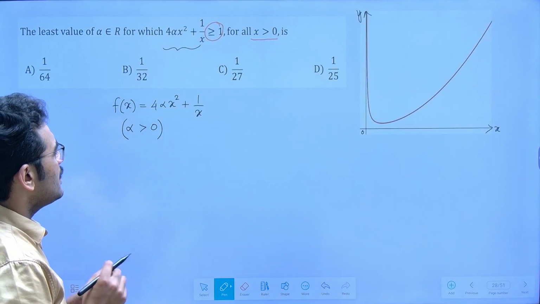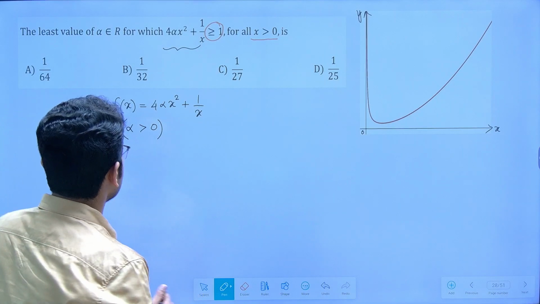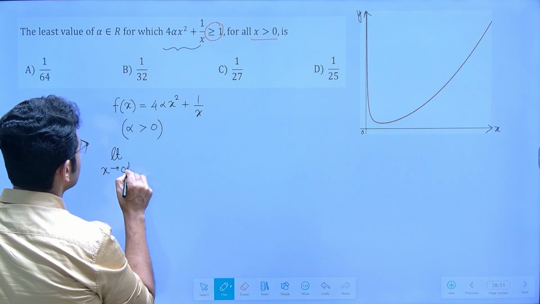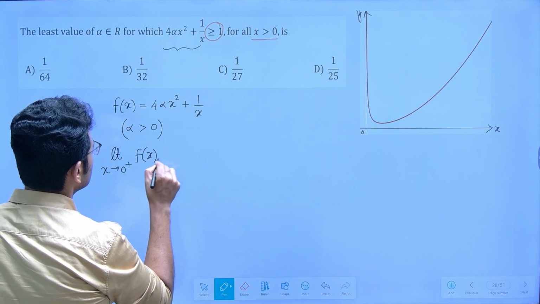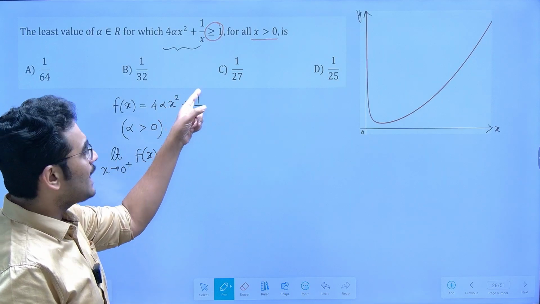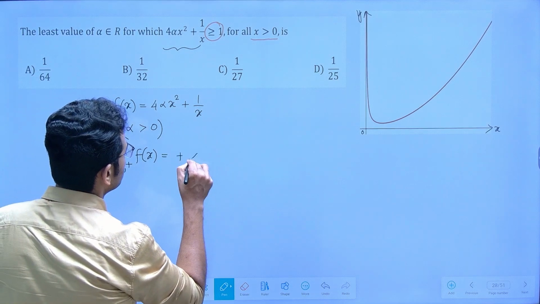Okay, and if we try to analyze what kind of graph it is going to be, look at the limit as x tends to 0 plus of f(x), just to the right of 0. What is the tendency? This term is tending to 0 and 1 by x is tending to plus infinity. So the function is going to plus infinity.